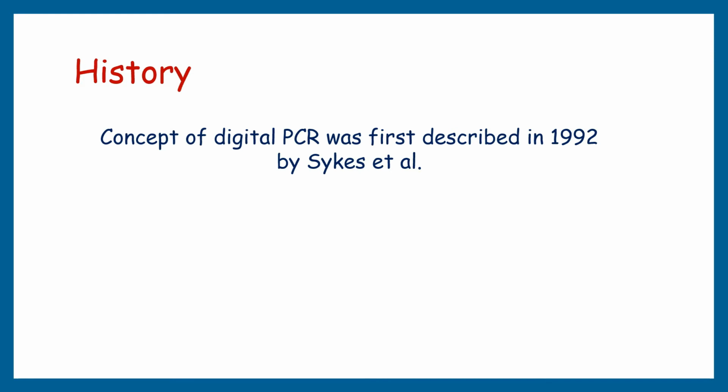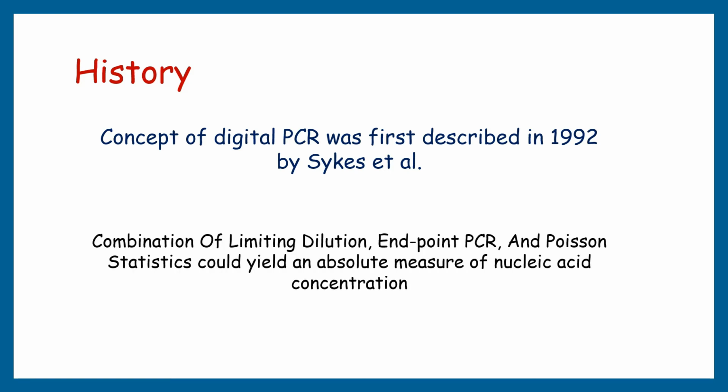The concept of digital PCR was first described in 1992 by Sykes et al. They found that the combination of limiting dilution, endpoint PCR, and Poisson statistics could yield an absolute measure of nucleic acid concentration.